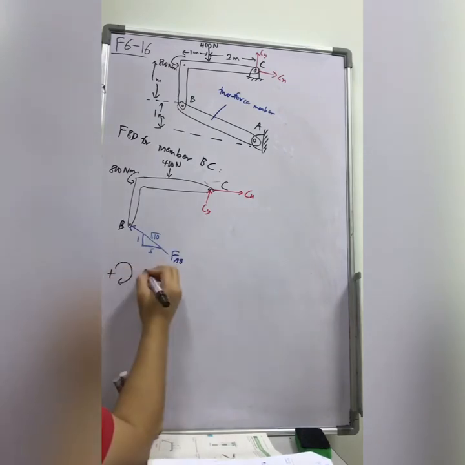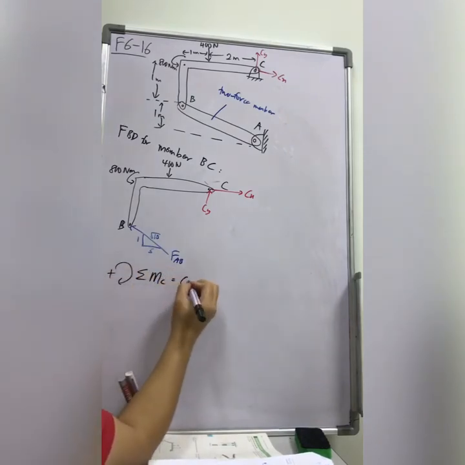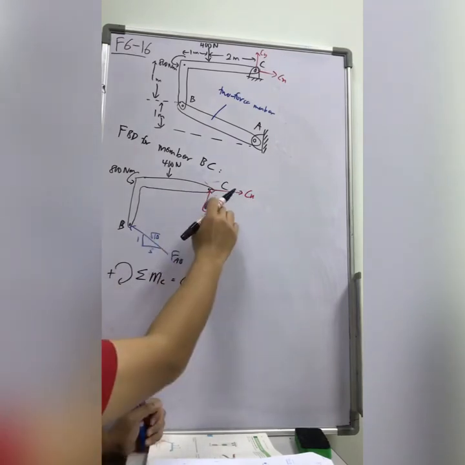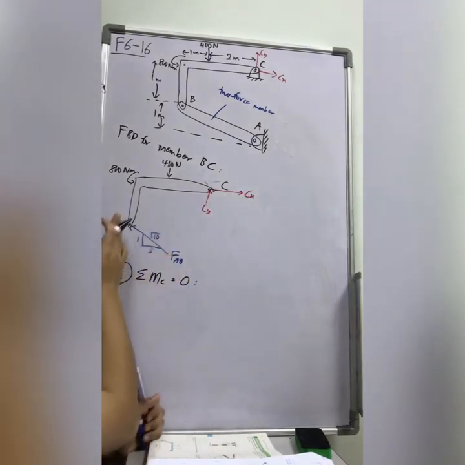Then you do the summation of moment about point C equals 0, so that we eliminate Cx and Cy for a while. You have FAB, the vertical component of it, 1 over root 10.